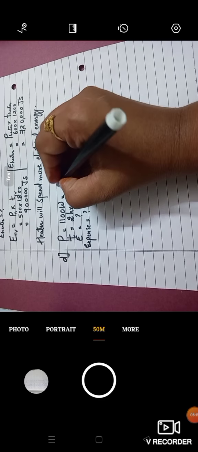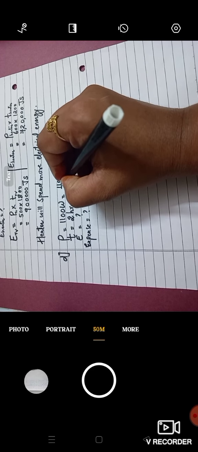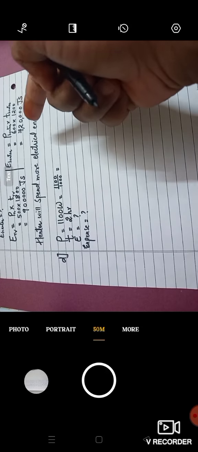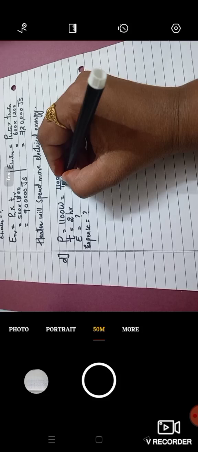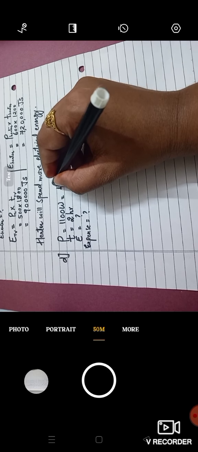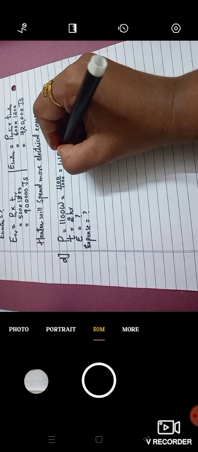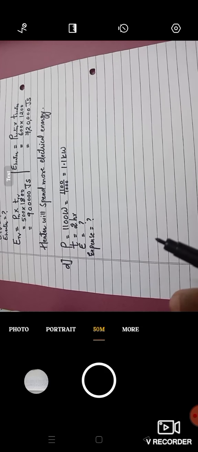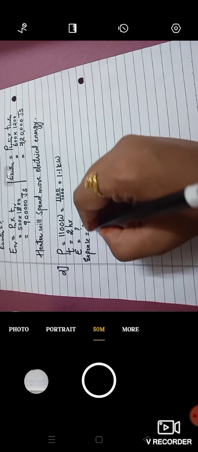So 1100 divided by 1000. To convert watt into kilowatt, we divide by 1000. As there are 3 zeros, we go 3 steps back and it becomes 1.1 kilowatt. So the power of the electric iron is 1.1 kilowatt.